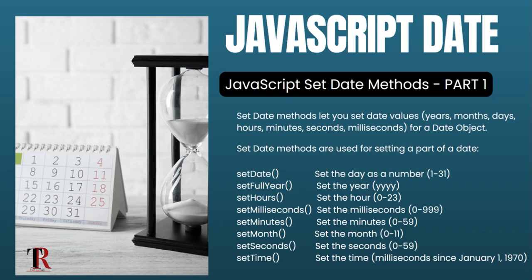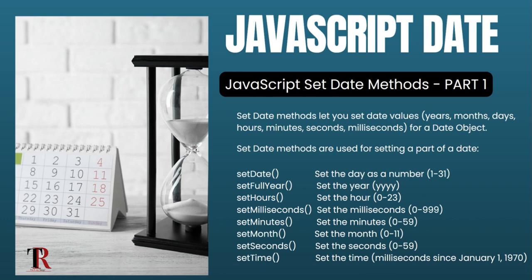The setSeconds is used to set the seconds. And the setTime is used to set the time, in milliseconds since January 1, 1970. And you can see right here that January 1, 1970 as a reference date is coming up again, as you can see on my screen.